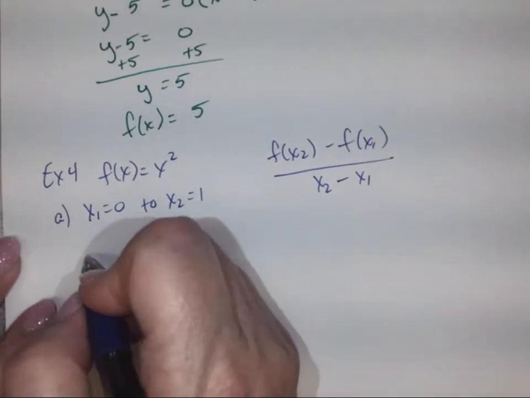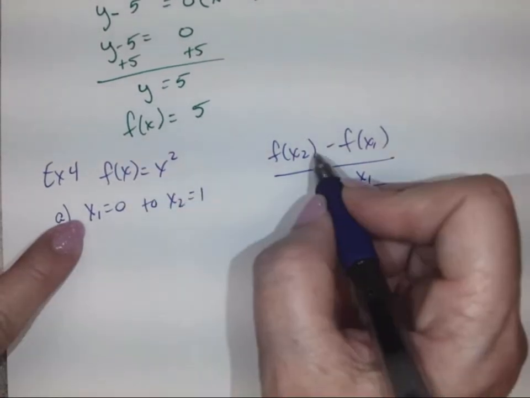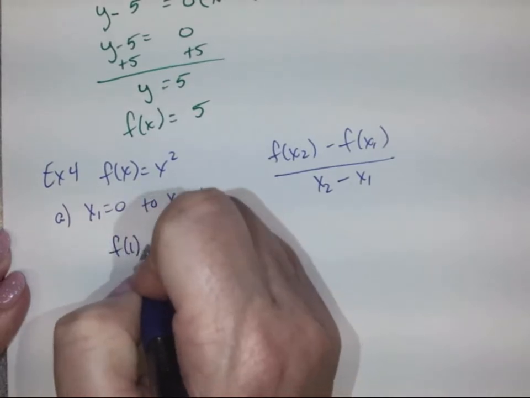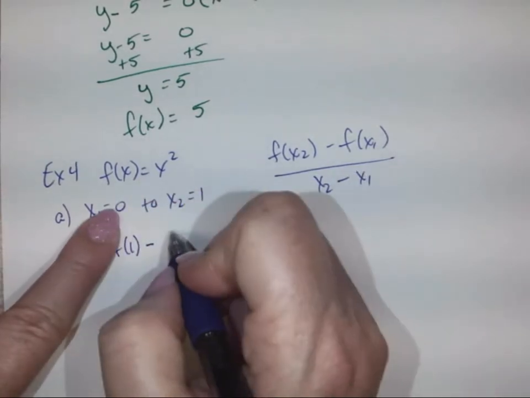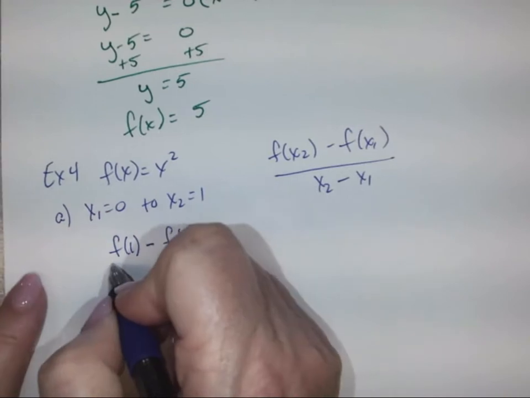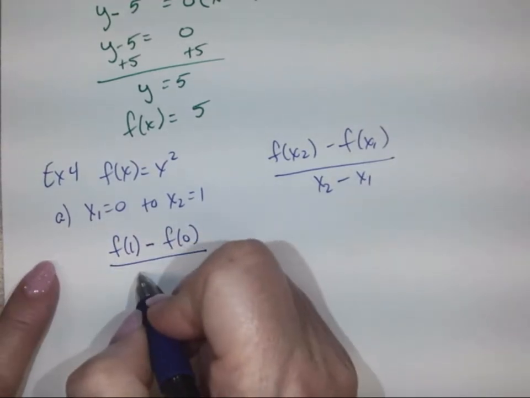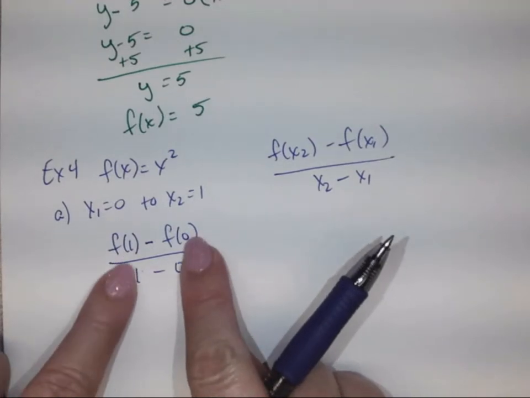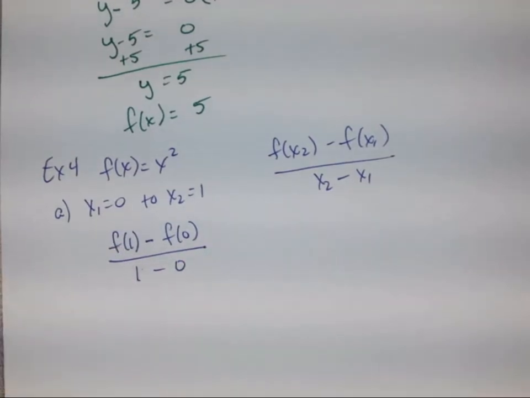So what this will look like for us is f of x sub 2 is 1, so f at 1, minus x sub 1 is 0, so f at 0, all over 1 minus 0.